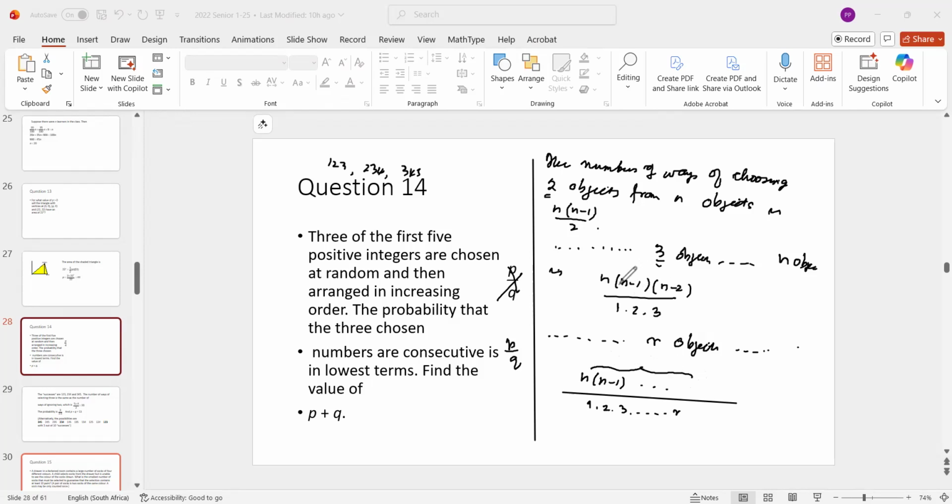The same number: 1, 2, 3, 1, 2, 3. See, it's a very, very useful formula. So here, the number of ways of choosing three objects from 5, so you start, n is 5.